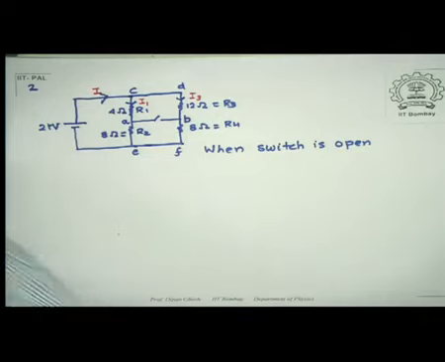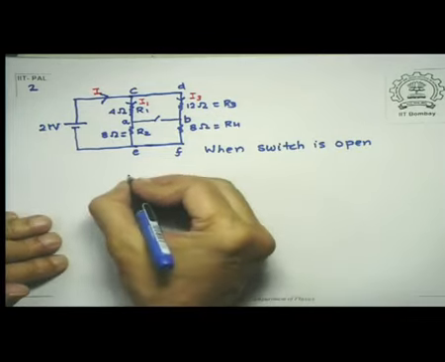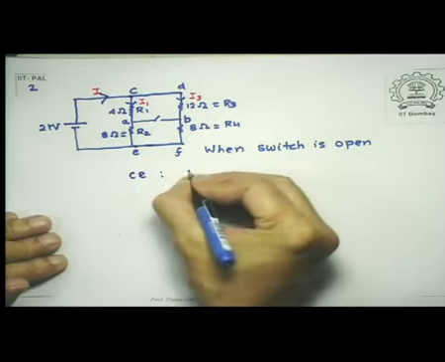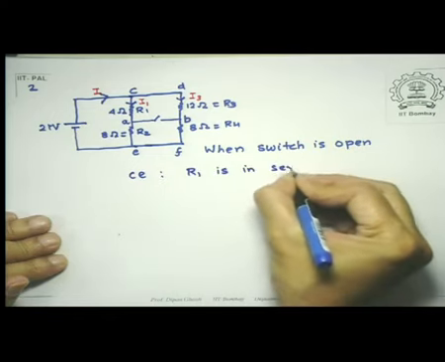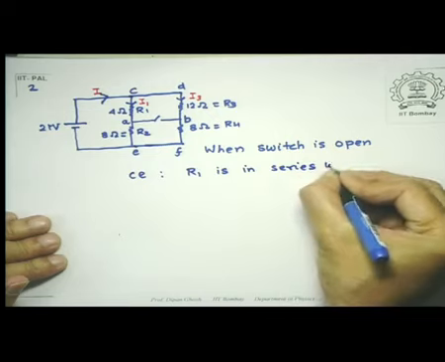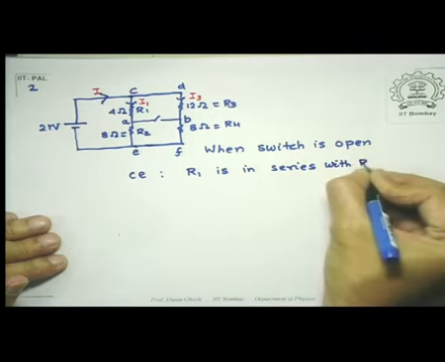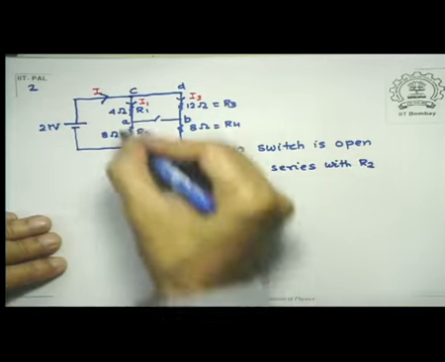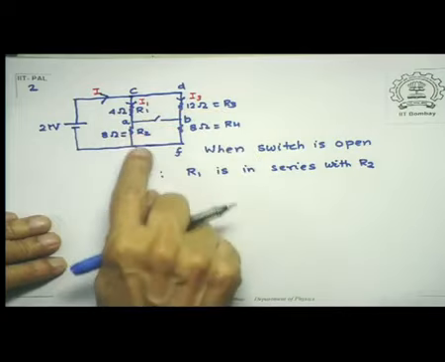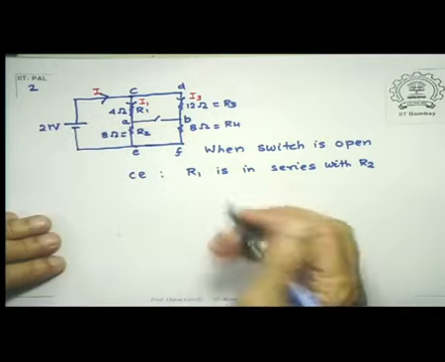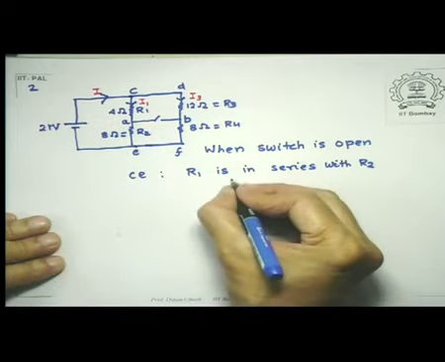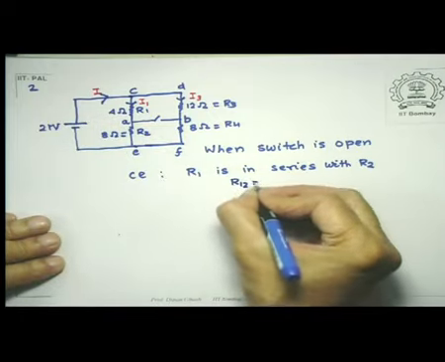So in branch C, R1 is in series with R2. So therefore, this circuit has a net resistance of 4 plus 8 equal to 12. So let's call this R12, that's equal to 12 ohms.